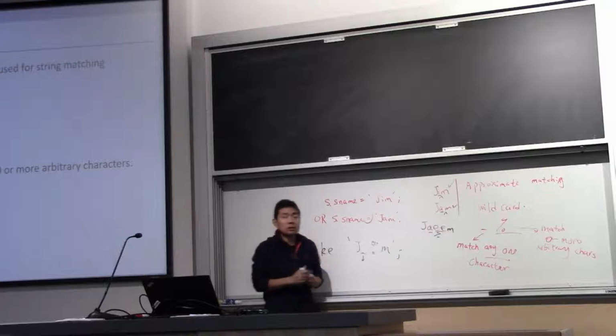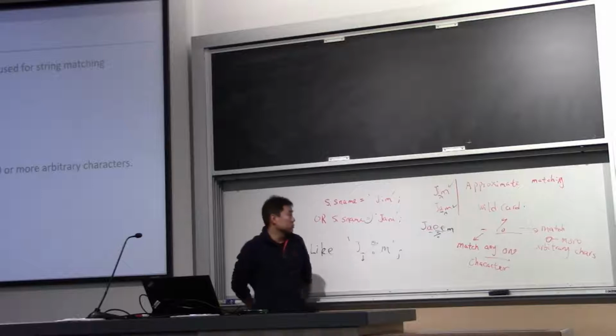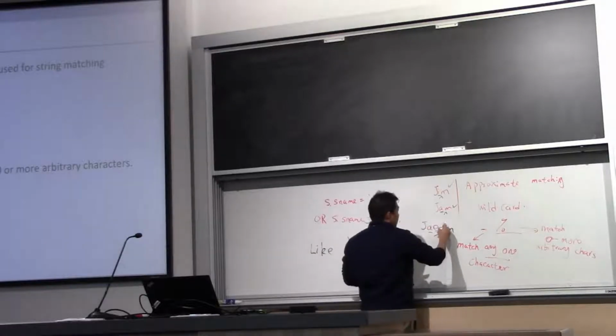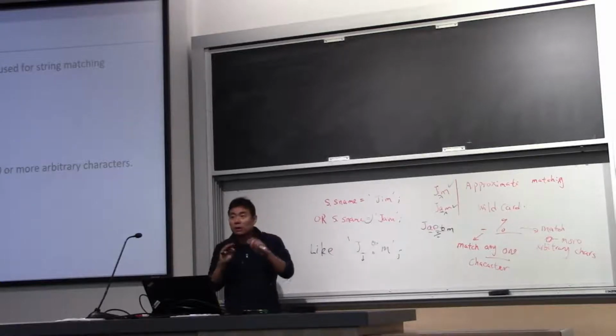That's good? Question? If the percentage sign would be after a normal character, like a letter, would you need multiple of that letter? No, it doesn't have to be multiple of the same letter. It can be anything. It's 0 or more combination of different characters.